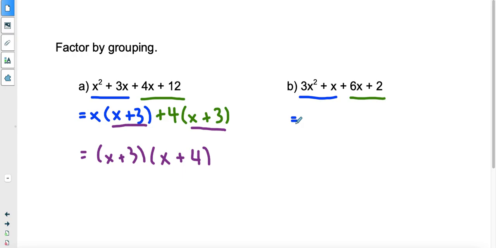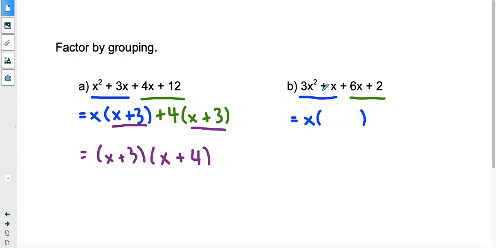First, we have 3x squared and x. Well, x is in common to both 3x squared and x. So I can common factor out an x. Next, I'm going to have to figure out what I have to multiply x by to get 3x squared plus x.